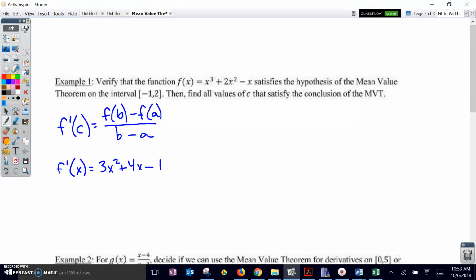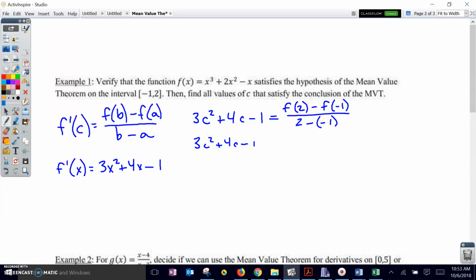And then to find these values of c, we want to put c into that function for x. And that's going to be equal to f of 2 minus f of -1 all over 2 minus -1. And so we need to find the values of the function at 2 and at -1.